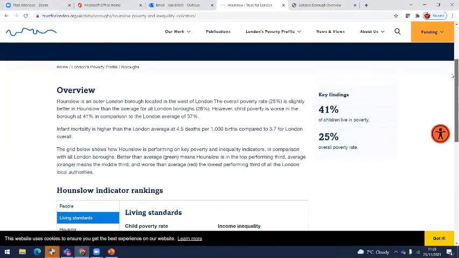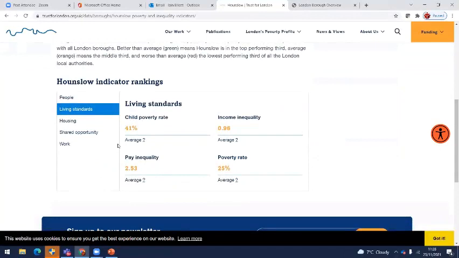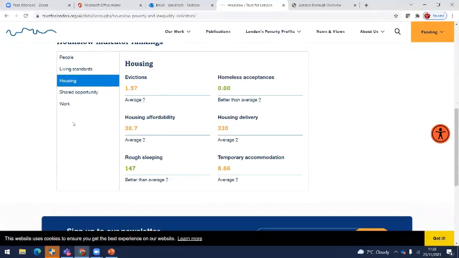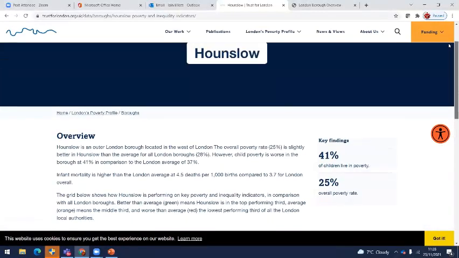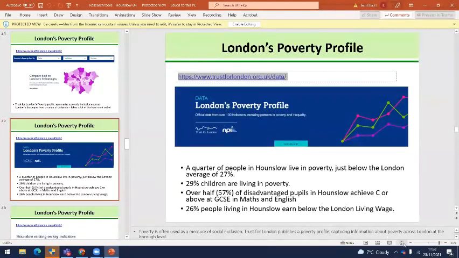I think it's not quite as good now. We used to be quite clear about how the boroughs ranked on key indicators out of the 32, with one being the top and 32 being the worst, but it's not quite as clear to read now. But certainly a tool worth looking at, especially if you're going to apply to Trust for London.